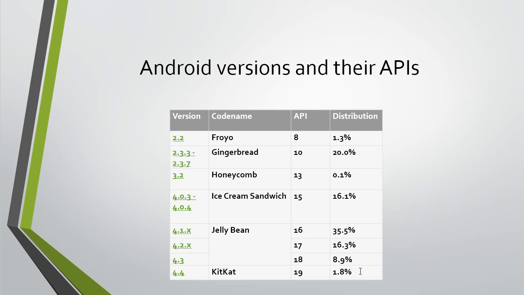So you say target SDK is, let's say, 19, target API is 19. And then you say minimum SDK version is going to be, for example, API 15.